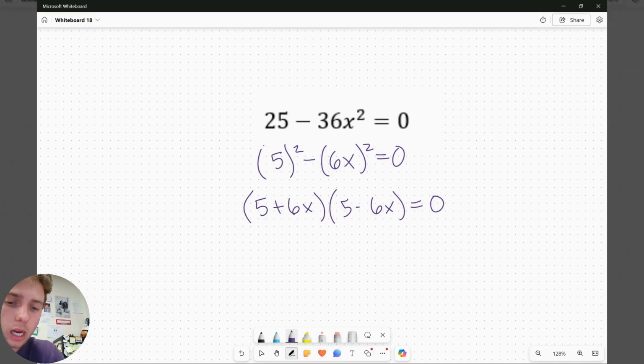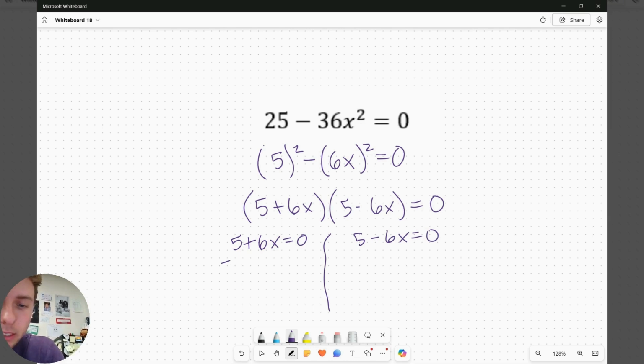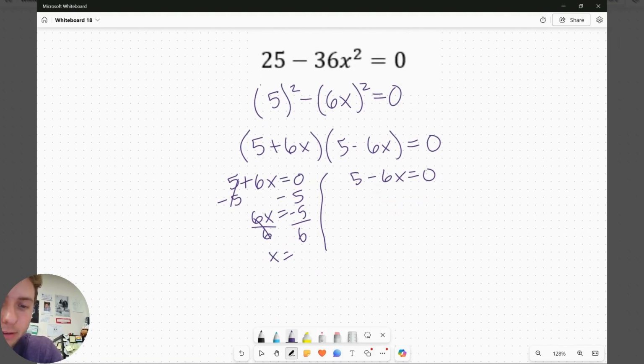And much like we saw in the last video for 5.2, once you have your factored form, you can take those factors, set both parts equal to 0, and solve. That means I can start to move the different values away from x until x is by itself. One solution you'd end up finding is negative 5 over 6.